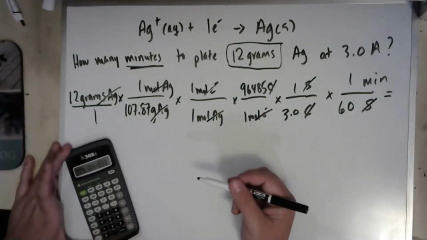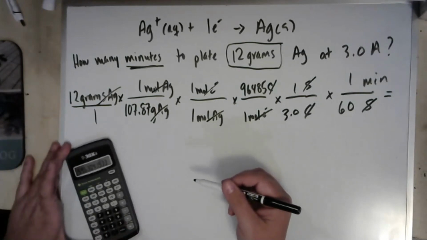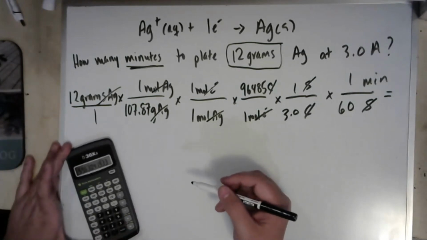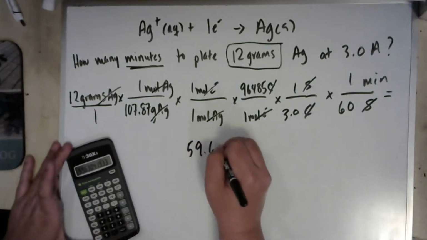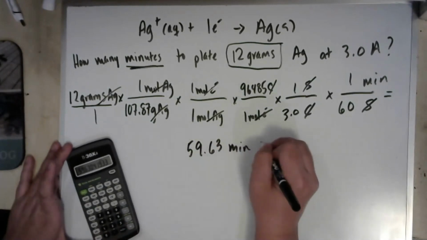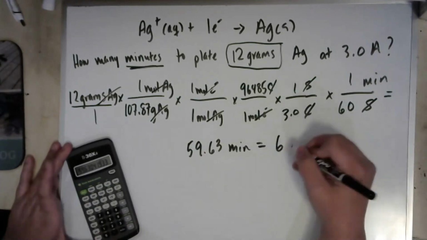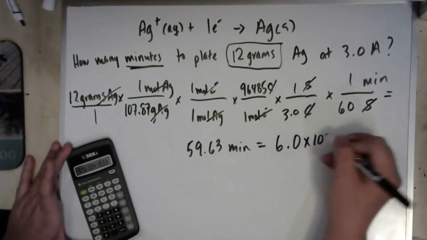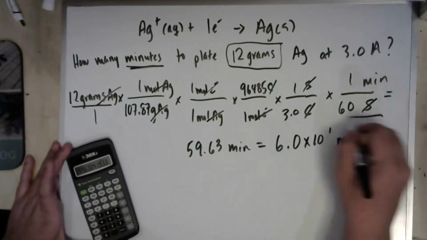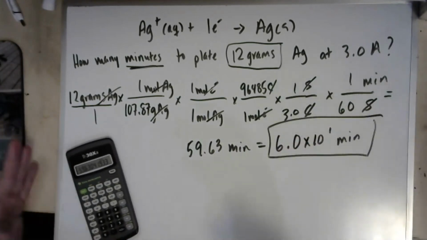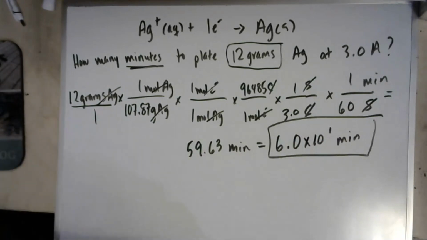Okay, I end up with 59.63. I need to have this to 2 significant figures though. So 59.63 minutes is going to have to get rounded to 6.0 times 10 to the 1 minutes. All right, we can't report it as 60 because that would be ambiguous.